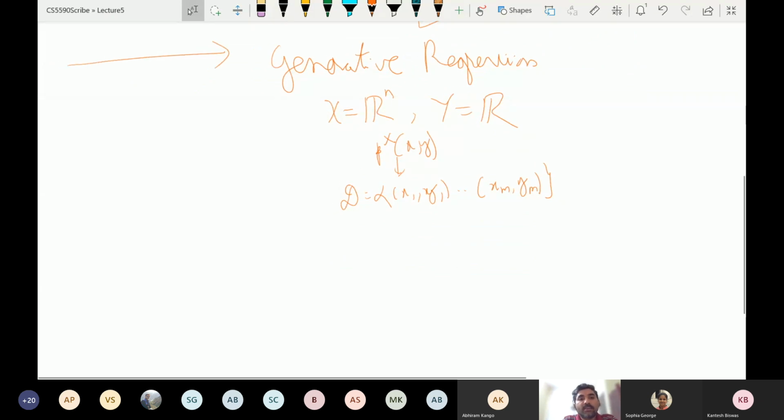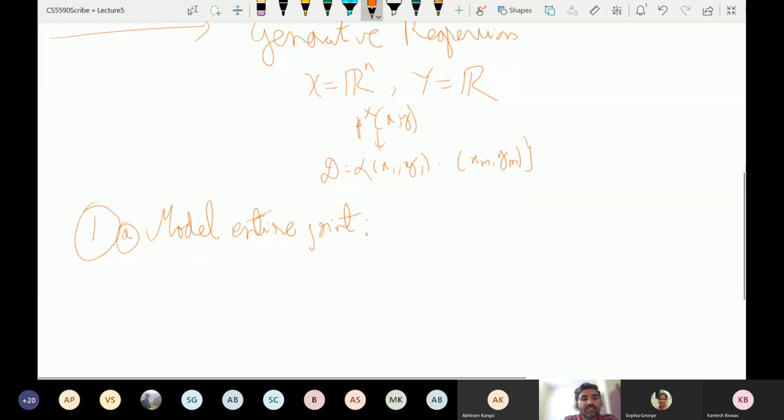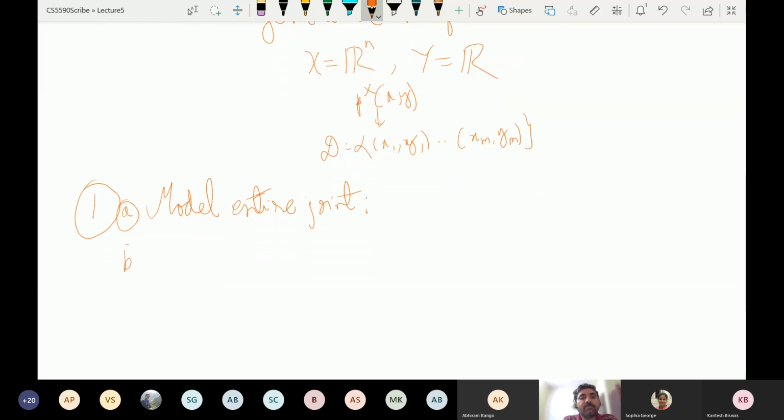Please recall that there are three main steps in generative modeling. The first step is to model the underlying joint distribution of inputs and outputs, and this step finishes by estimating the parameters of such a model.